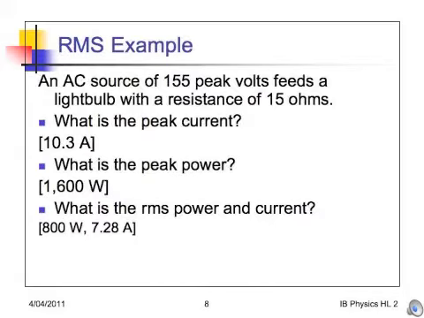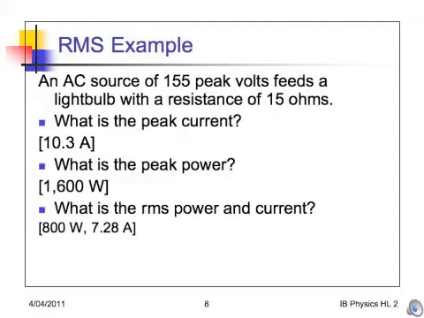Suppose we had a source of 155 peak volts feeding into a light bulb that had a resistance of 15 ohms. It turns out that 155 peak volts corresponds to an RMS value of 110 volts. And that's what we commonly say when we say 110 volts AC. That's what we have in our houses.